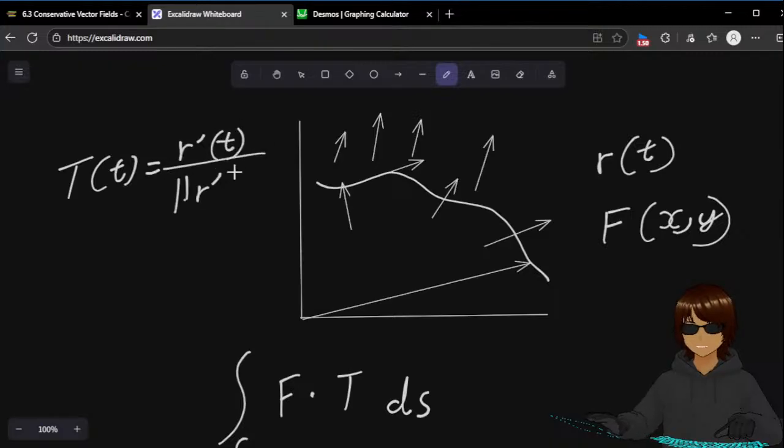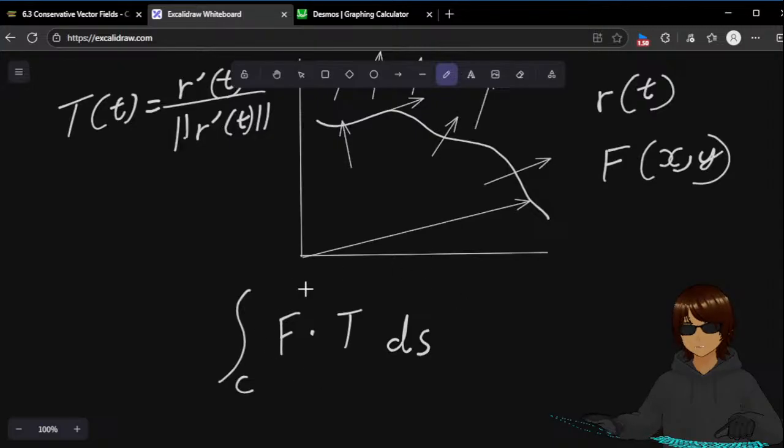So we are dividing it by its magnitude. And s over here is a piece of the curve. So the curve is cut into many pieces. If those pieces were infinitely small, that's ds.